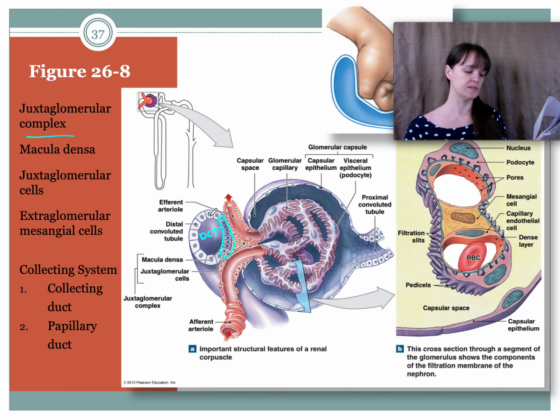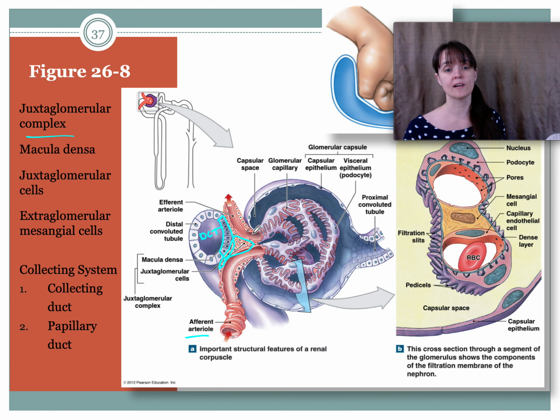Macula densa includes chemoreceptors and baroreceptors. The juxtaglomerular cells are these cells here in the wall of the afferent arteriole. And they monitor the blood pressure of the afferent arteriole, and they secrete renin, R-E-N-I-N. So our kidney renin, not the stomach renin. The stomach rennin is R-E-N-N-I-N, and that's what we use to make cheese because it coagulates milk.